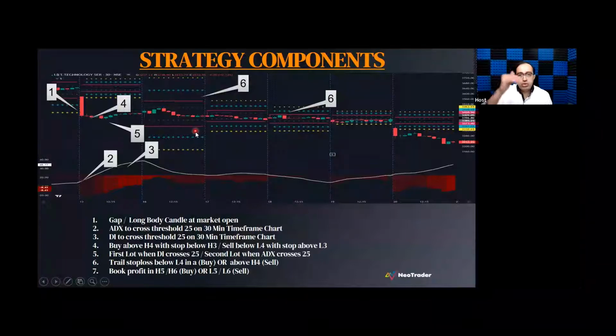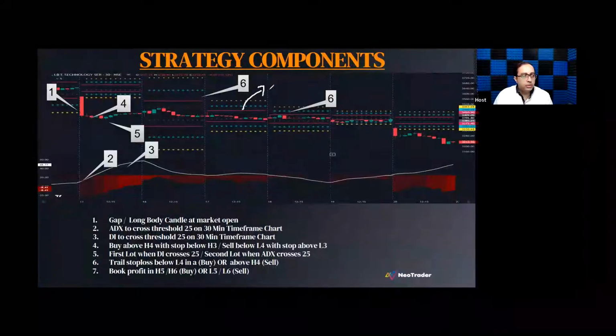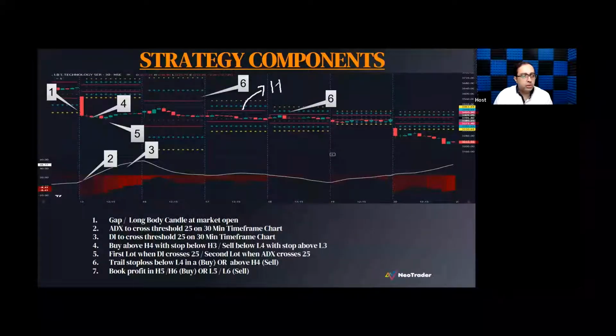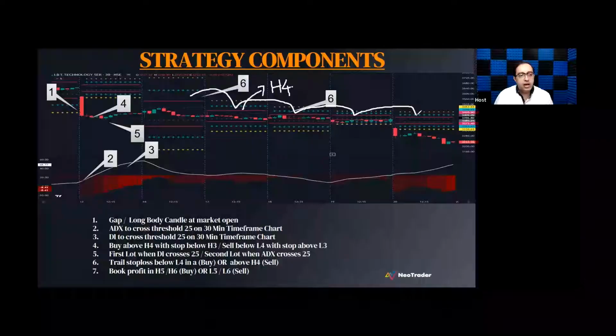Why? Because the movement is to the downside, and H4 is to the upside. This is your H4, and you will keep on trailing the stop from here, to here, to here, to here. You will keep on trailing the stop loss.